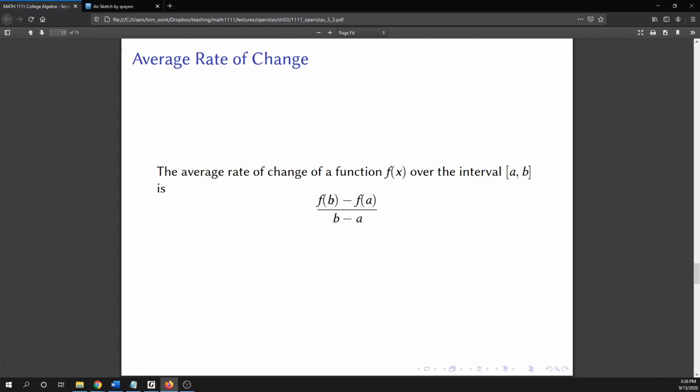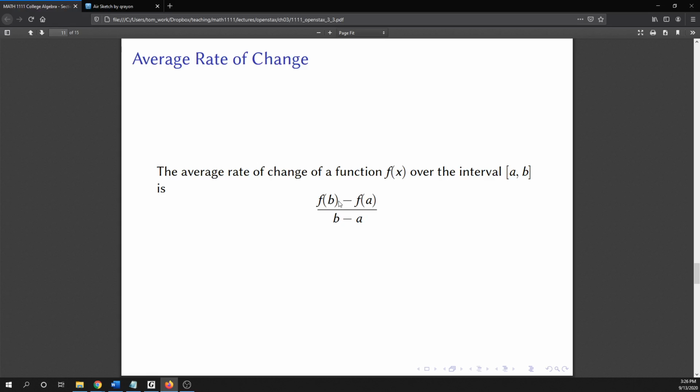And then f of b and f of a are the y coordinates of the points on the graph corresponding to a and b. So this would be the y coordinate of the point whose first coordinate is b. And same thing for this. This would be the y coordinate of the point on the graph whose x coordinate is a.